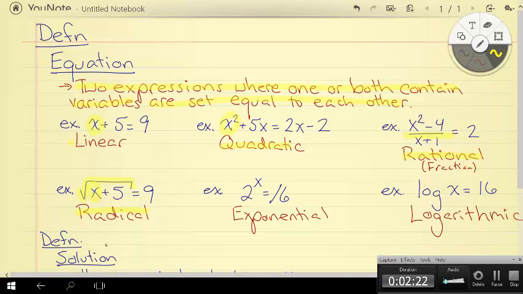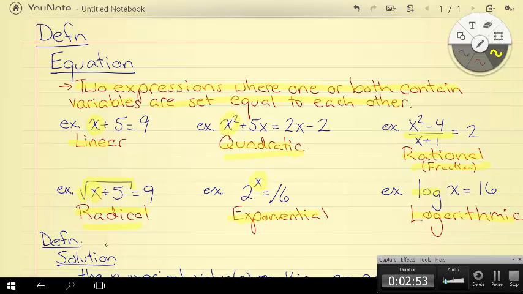The first 4 here, linear, quadratic, rational or fraction, and radical, will be the 4 types that we primarily go over and review in this unit. We will also be learning about exponential equations, which is when the variable is the power or the exponent in the equation, and we're going to go over how to solve and deal with logarithmic equations and the applications of logarithms, which is when we have a logarithm contained inside of an equation.